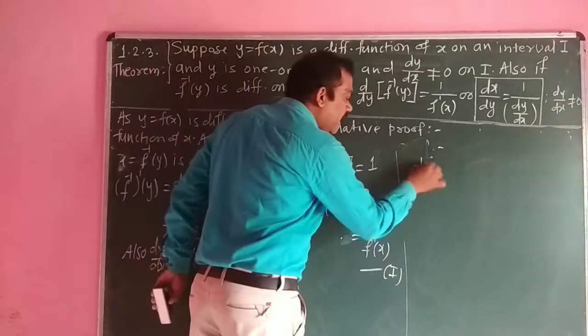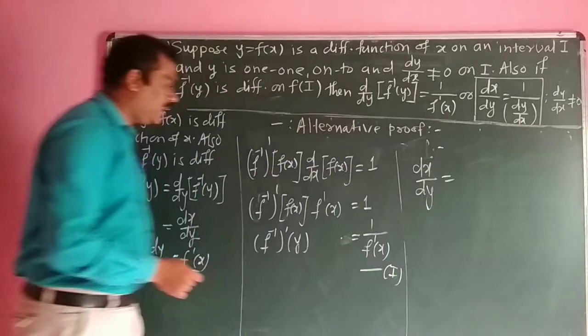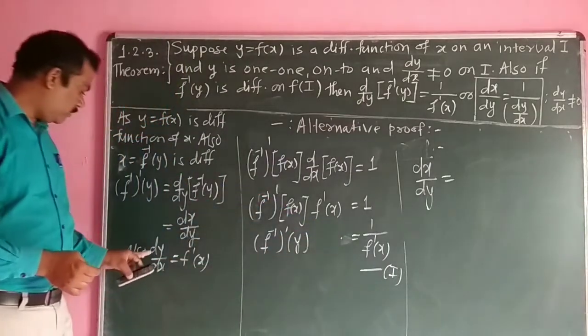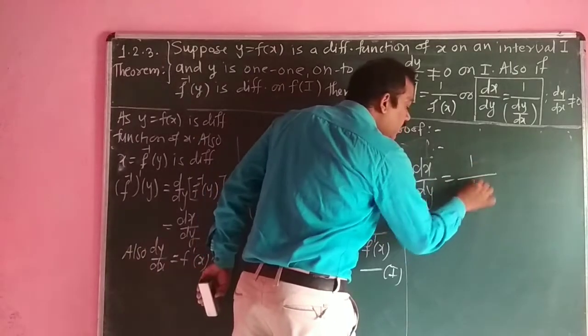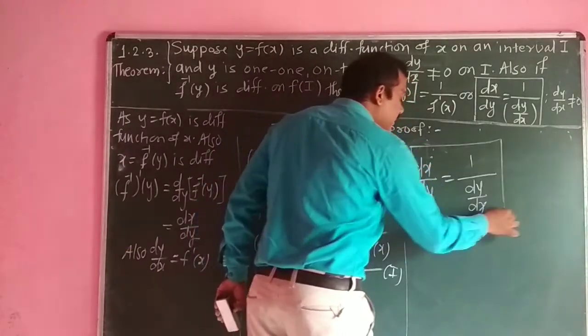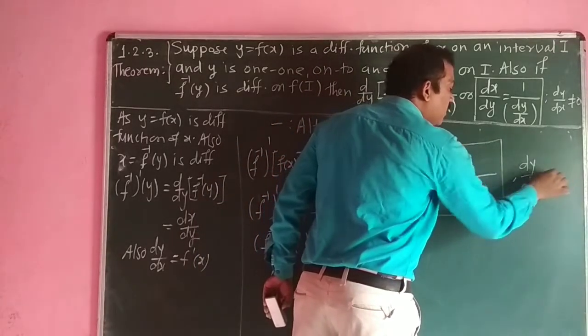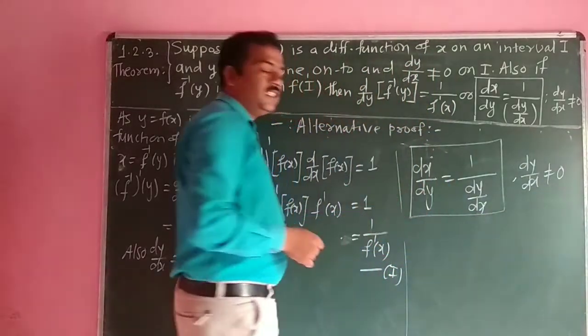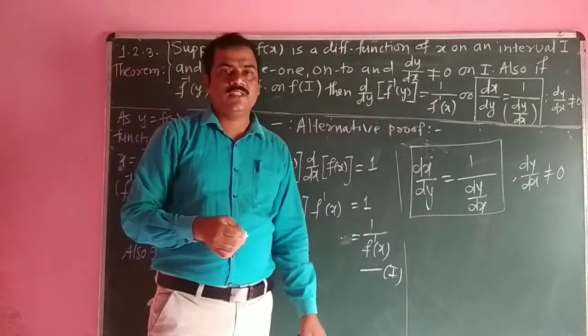So dx by dy is equal to 1 upon f dash of x, and for f dash of x we use the value of dy by dx, that is 1 upon dy by dx, with the condition that dy by dx is not equal to 0. This is the alternative proof with the help of the derivatives of composite functions.